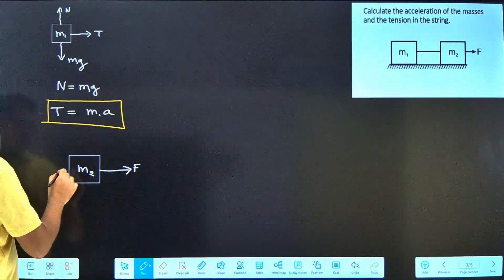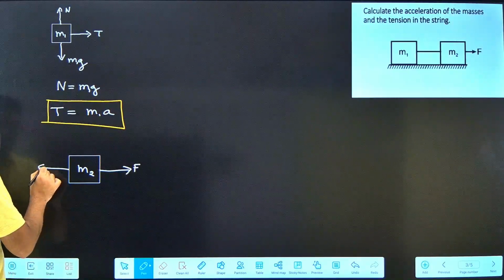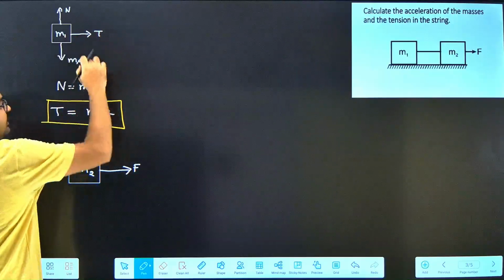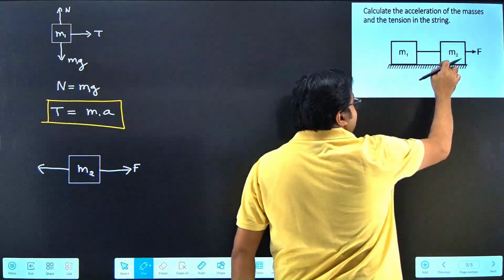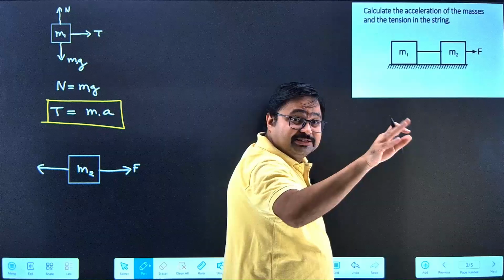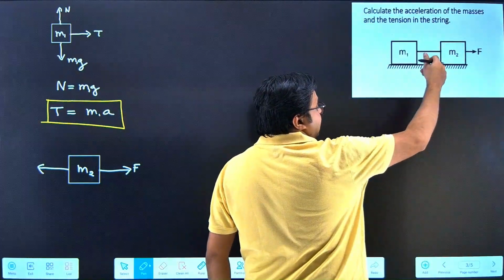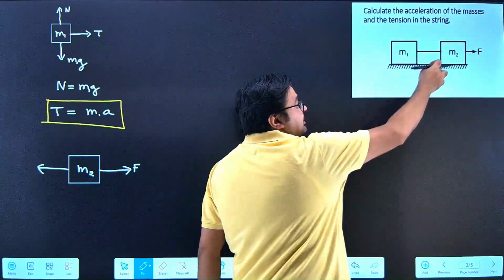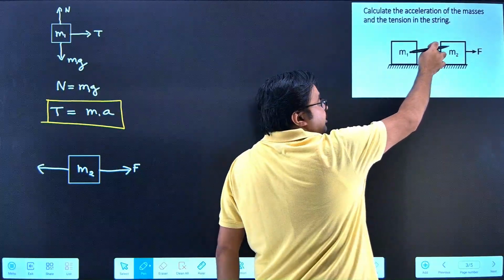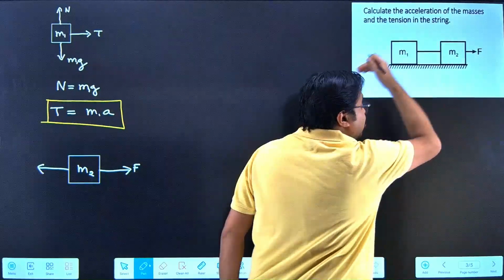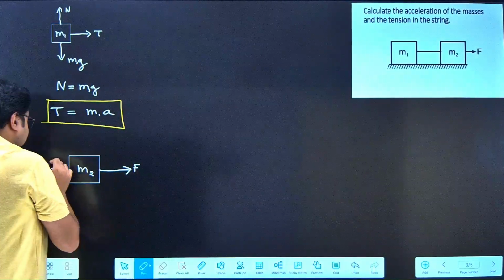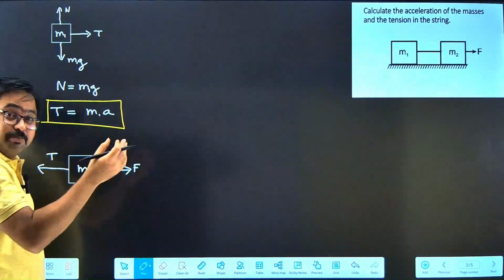In addition to that, there is the same tension force that's acting in the forward direction for mass m1. Newton's third law, every action has the same equal and opposite reaction. So if this rope pulls m1 in the forward direction, then the same tension which exists in the rope pulls mass m2 in the backward direction.